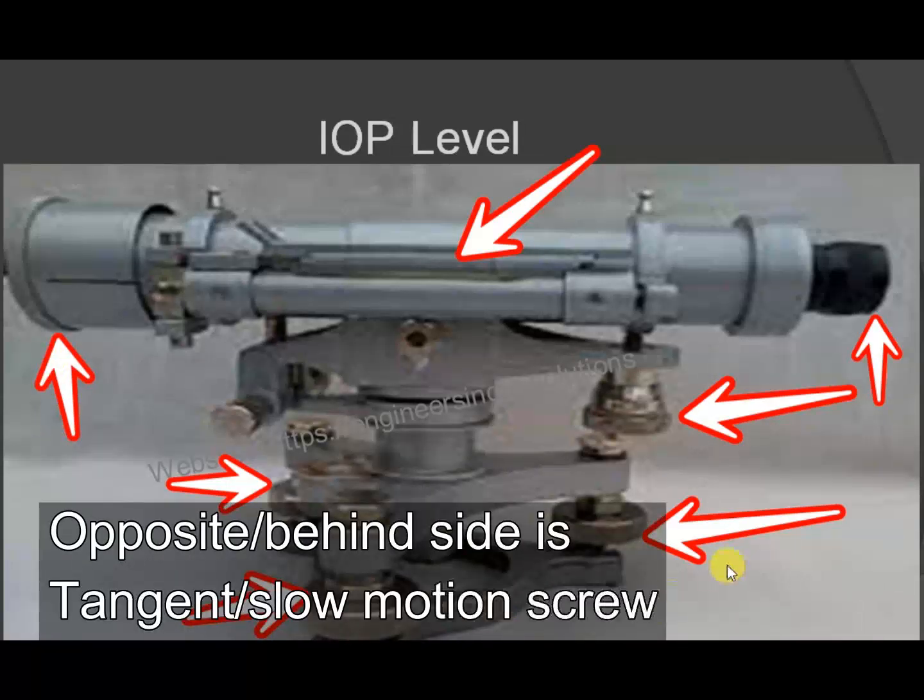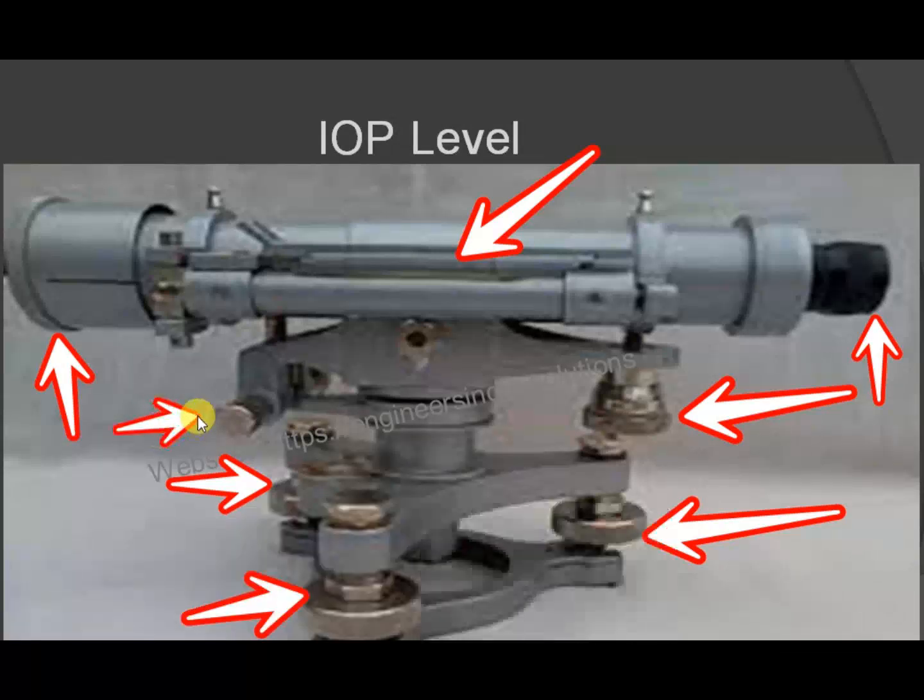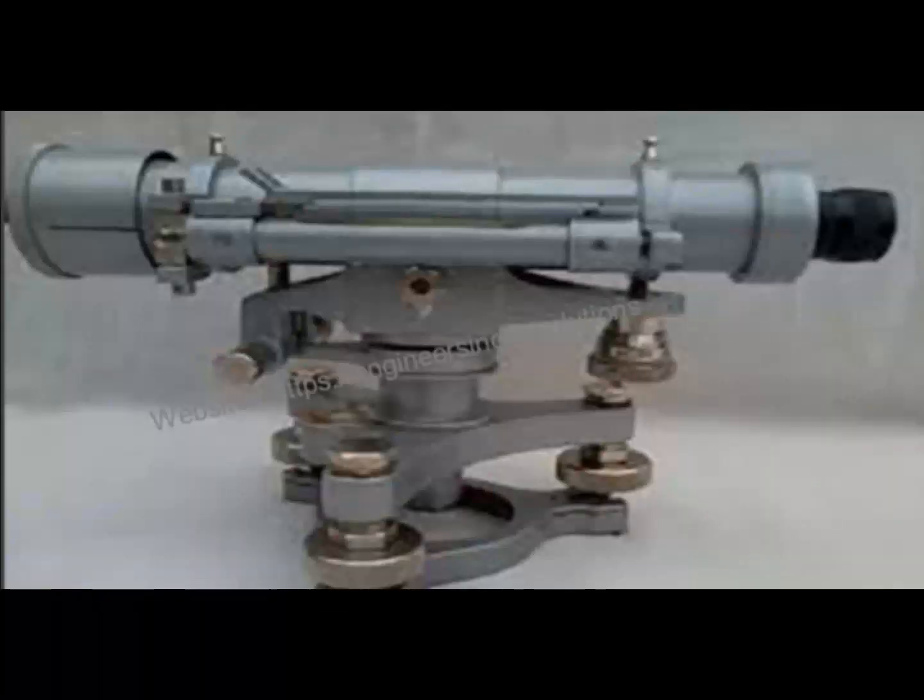Then you have the clamping screw. This is the clamping screw over here. Here you should keep in mind that the instruments that have been made from time to time have been made of internal focusing or external focusing.